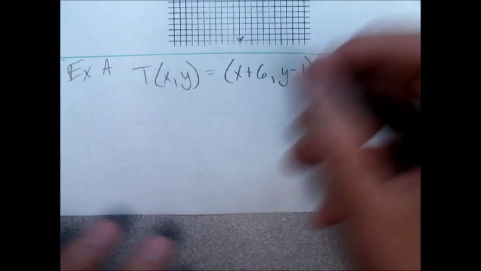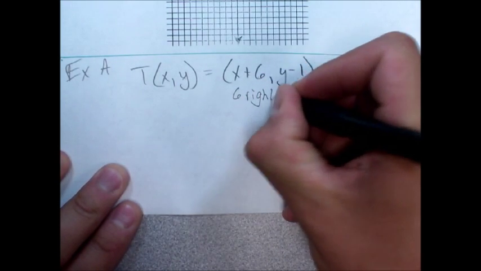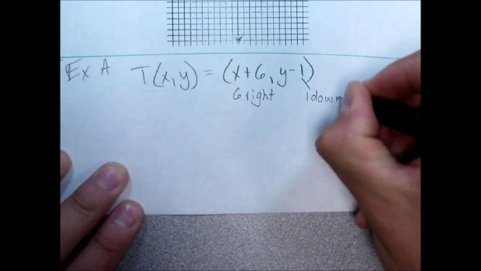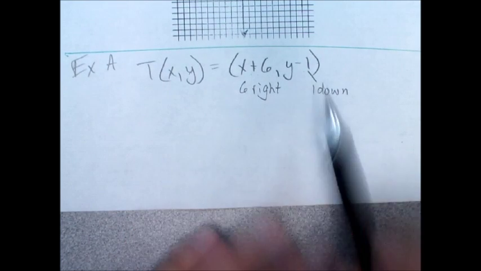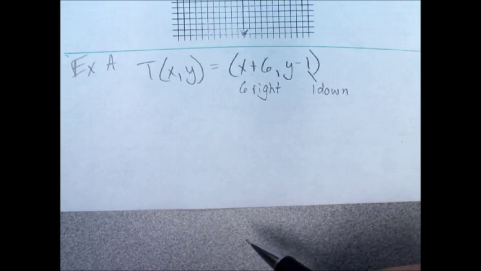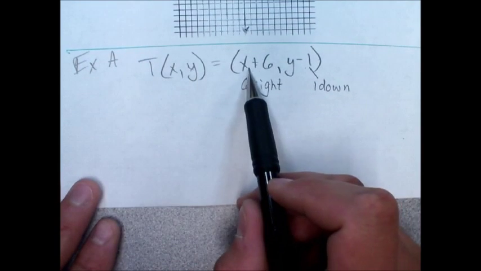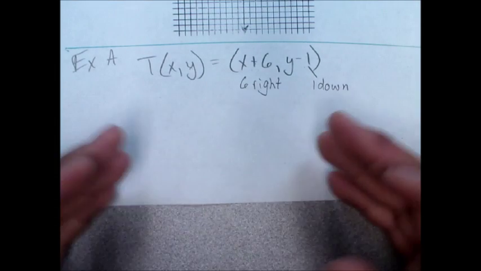Yes. Okay, so it's going to go 6 to the right. Go ahead and write this underneath, and 1 down. So in words, that's what this is asking for. It says 6 to the right, 1 down. Your translation is that. So if this is the formula that they give you, T of xy is x plus 6 and y minus 1, and then they give you the coordinates of each vertex from that triangle, then you will simply do that addition and that subtraction.